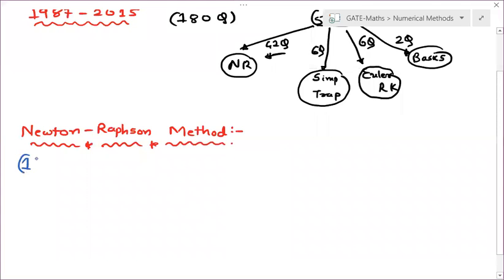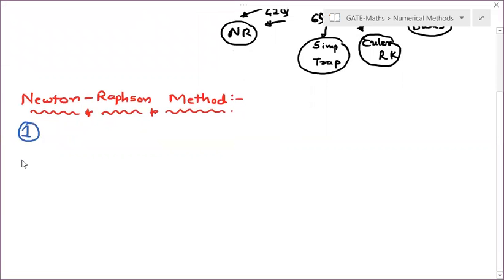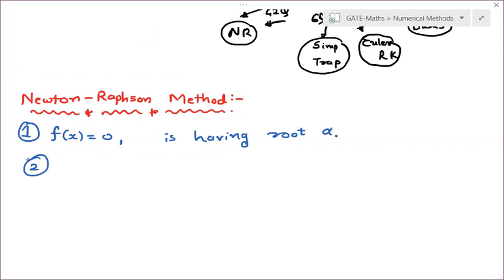I am giving you detailed steps for that. First step, f of x equal to 0 is having a root alpha. Second, we do not know that root. We have to find that root, but applying an analytical method is difficult. So we are going to find this with an approximate method, that is the Newton-Raphson method.